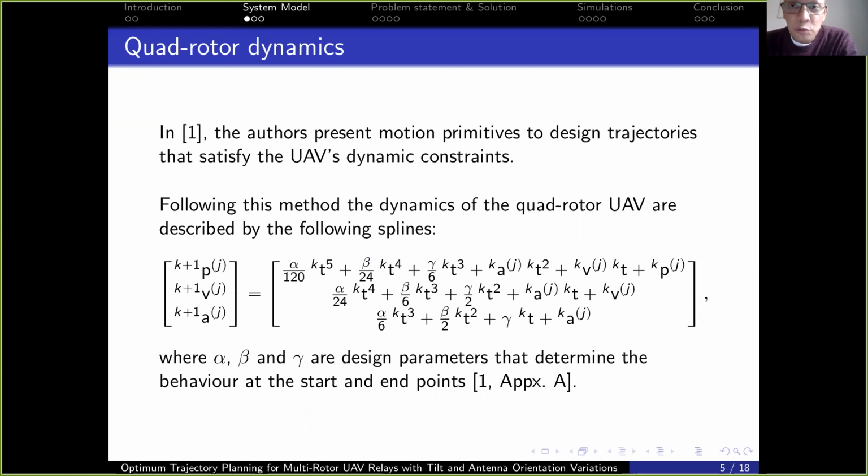As we said before, we're considering how the UAVs tilt as they move. In order to do that, we have to consider the dynamics of how the UAVs are moving. In order to do this, we're restricting the motion of the UAVs according to these splines. You can see more details in the paper.